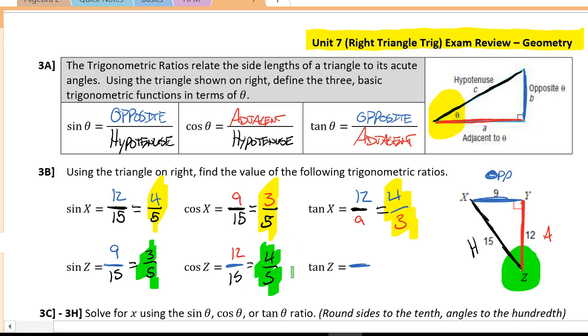We reduce if we can. And lastly, the tangent ratio is going to be the opposite of 9 over the adjacent of 12. This reduces down to 3 over 4 as my answer. So trig ratios are all about what our reference angle is and labeling my sides accordingly. It changes depending on what reference angle we are looking at.